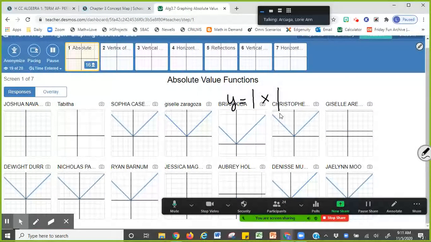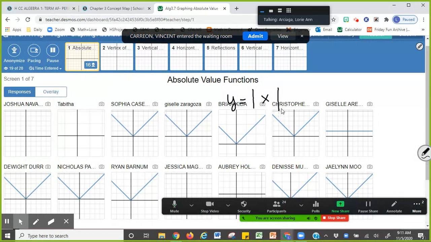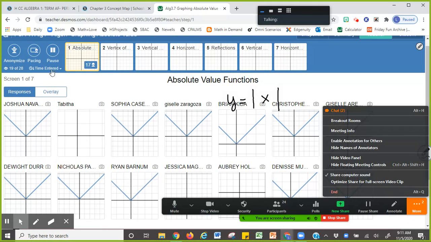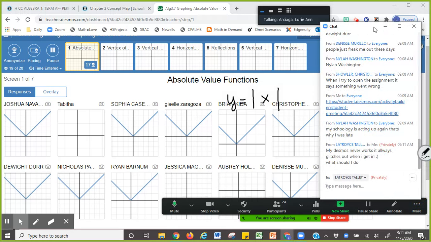So underneath the backspace key in your Chromebook, you can find your absolute value expressions. Okay, and you need to find that because you have to put the expressions on your Chromebook.